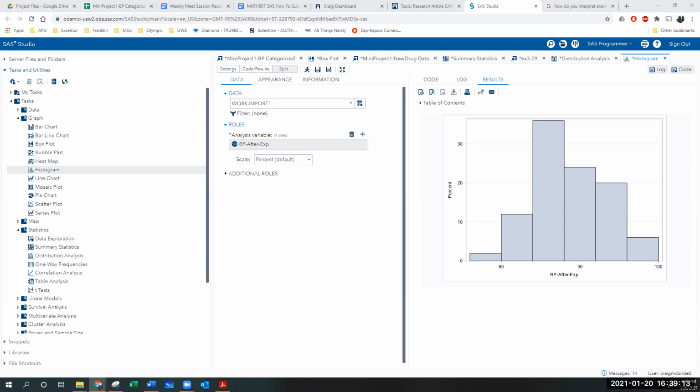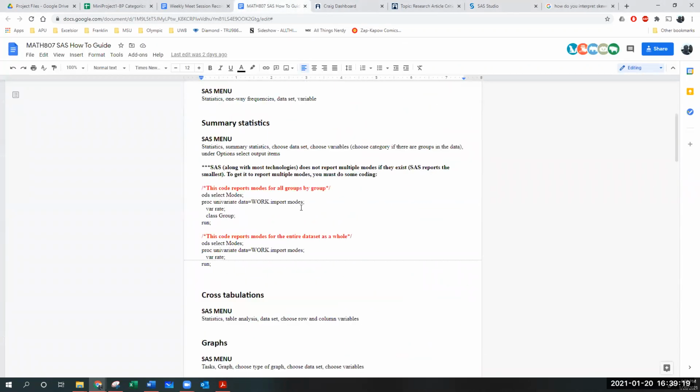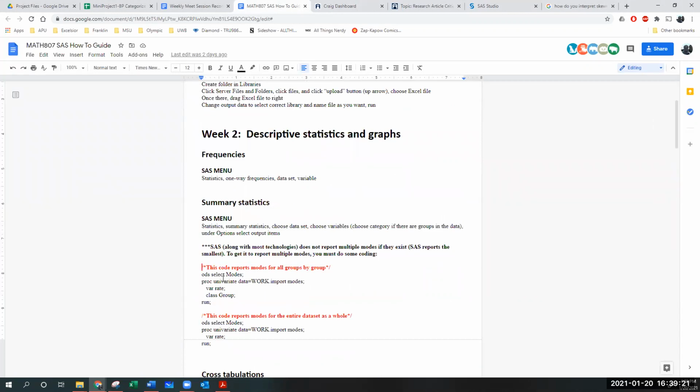So it's not technically bimodal, because bimodal would have the same frequency. If you went back and ran the mode in the code, remember when we learned that we had to run this separate code to actually find multiple modes, you could run that on your data and see if it actually has multiple modes, and I'm pretty sure it doesn't.